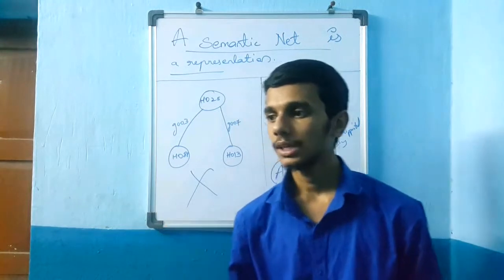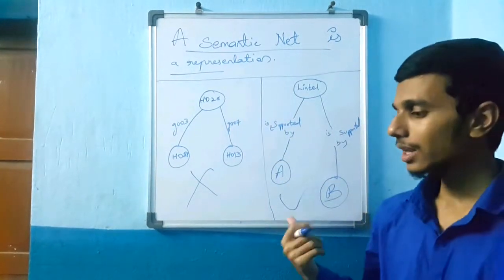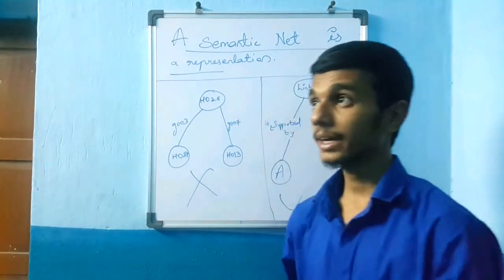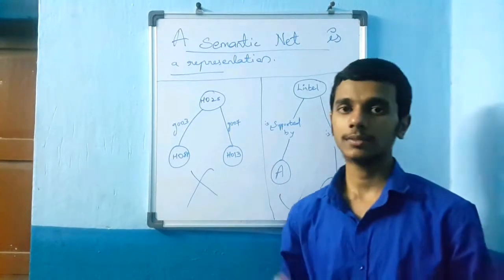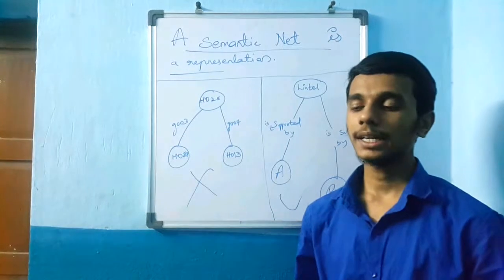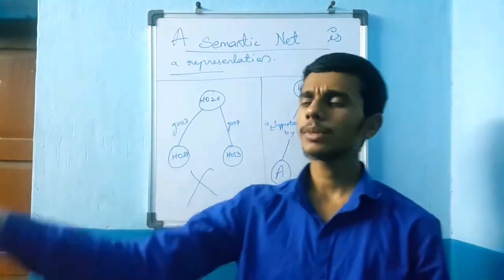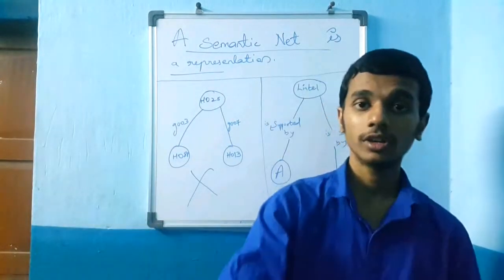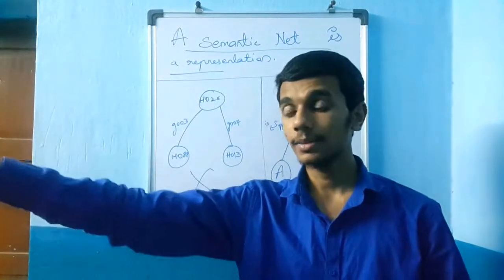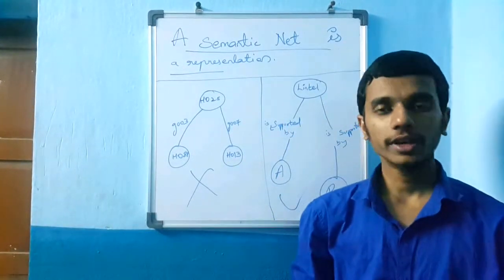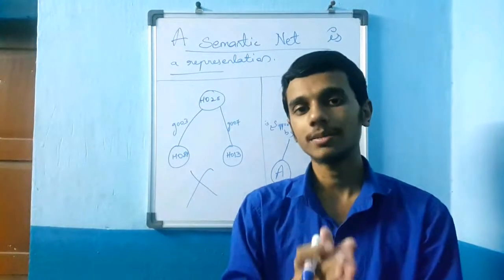We have more: equivalent semantics and procedural semantics, and this is descriptive semantics. Equivalent semantics means, for example, there is another representation which is matching with this particular representation, and that representation is a semantic net, and what you have written is matching with that. So that's known as equivalent semantic nets.